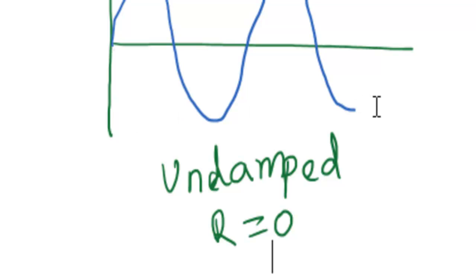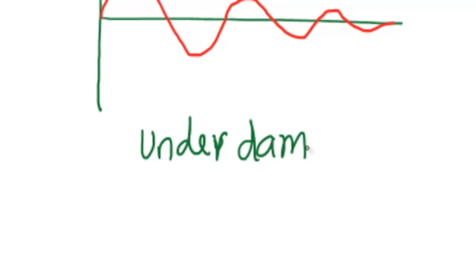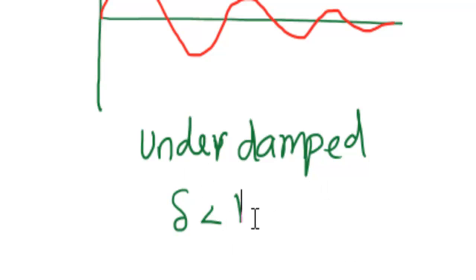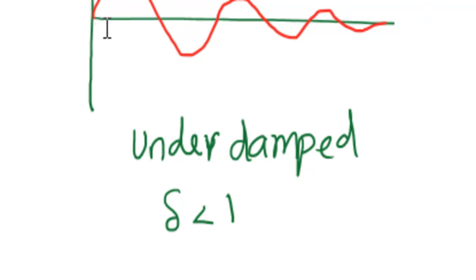When it comes to the underdamped system, you know that delta will be less than 1. We'll discuss what exactly delta is later, but for now it's an underdamped system. In that case, the current flowing through the switch or load will oscillate at the damped frequency and die down to 0 at t equal to infinity. Okay, so that's the meaning.